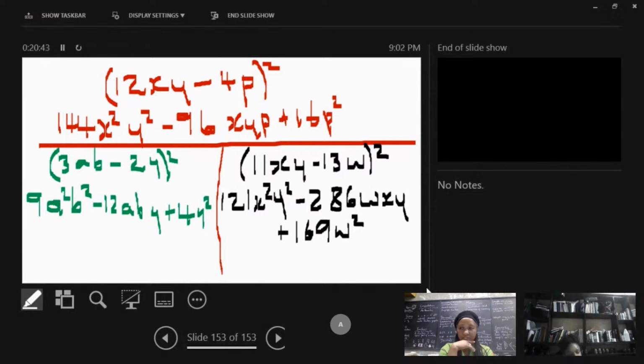Your turn, John. A minus b squared is equal to a squared minus 2ab plus b squared. Asar: a minus b squared is equal to a squared minus 2ab plus b squared. Okay, excellent. And that is the square of the difference.